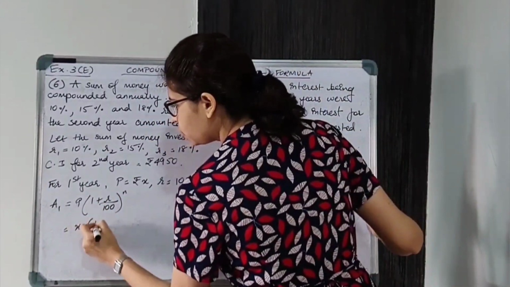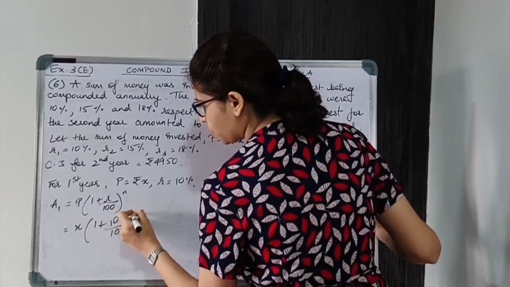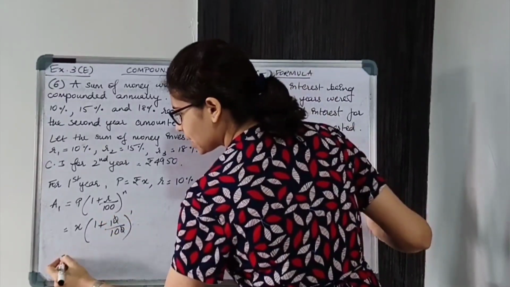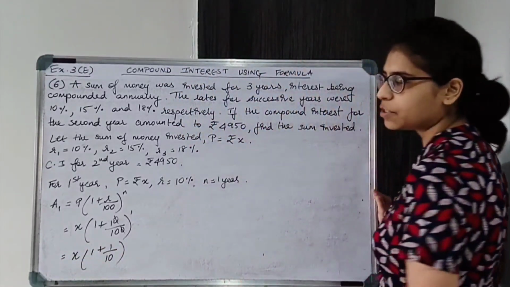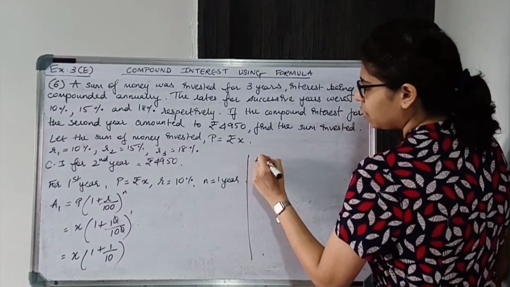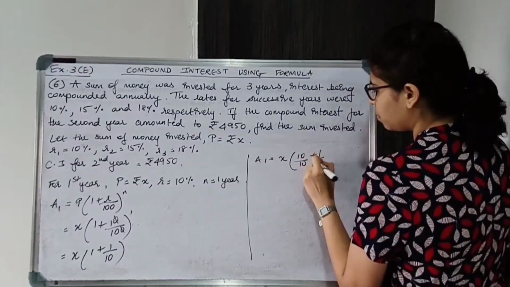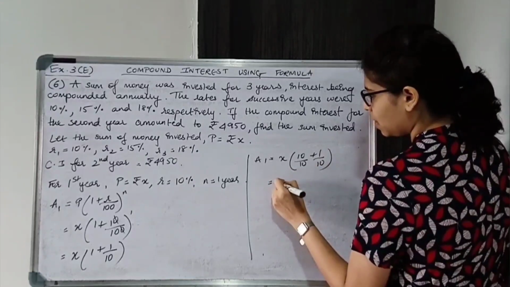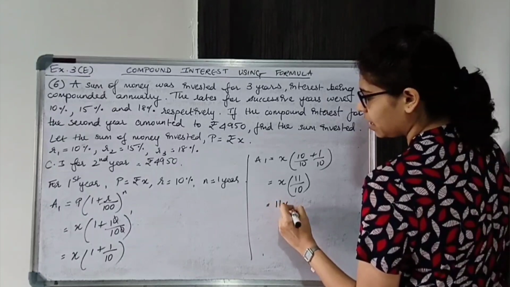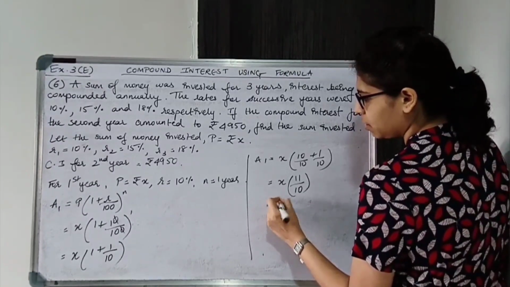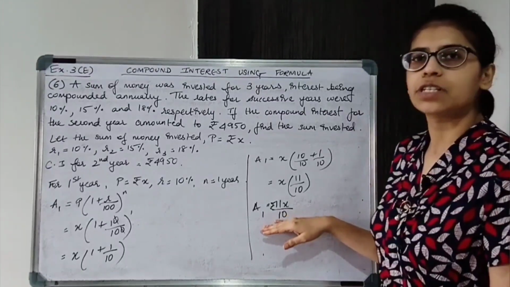So X into 1 plus R1 is 10 upon 100 raised to N is 1. 0, 0 gets cancelled. So X into 1 plus 1 upon 10. We'll take LCM and solve this. So A1 is equal to X into 10 upon 10 plus 1 upon 10. So that gives X into 11 upon 10. So you can rewrite it as 11x upon 10 rupees. This is the amount for first year.